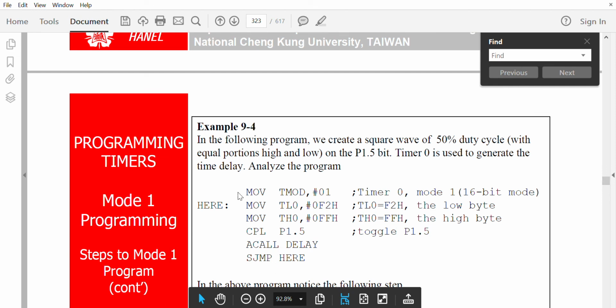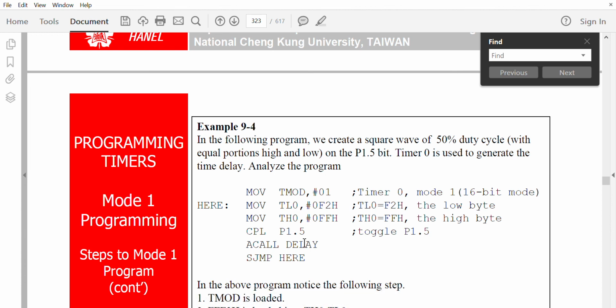When you return, again execute this instruction. So what is happening here? Just what we said in the earlier section on how to create a delay: load TMOD with a value for selecting the timer and the mode. Then TH and TL are loaded with a value.